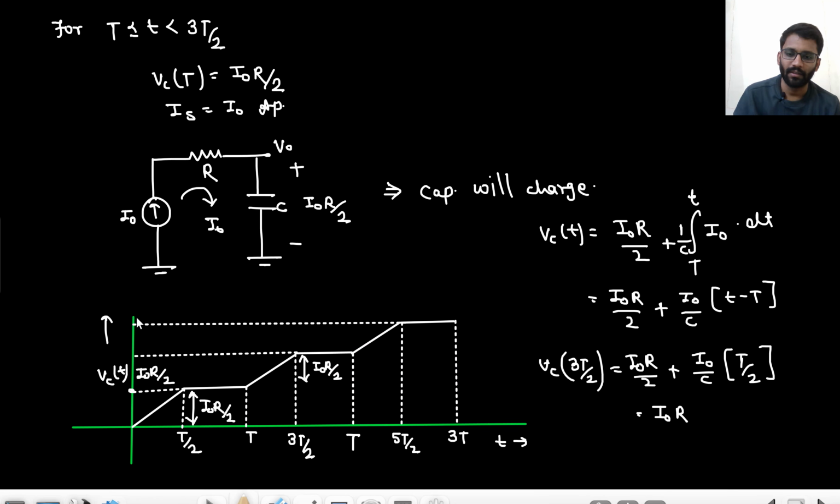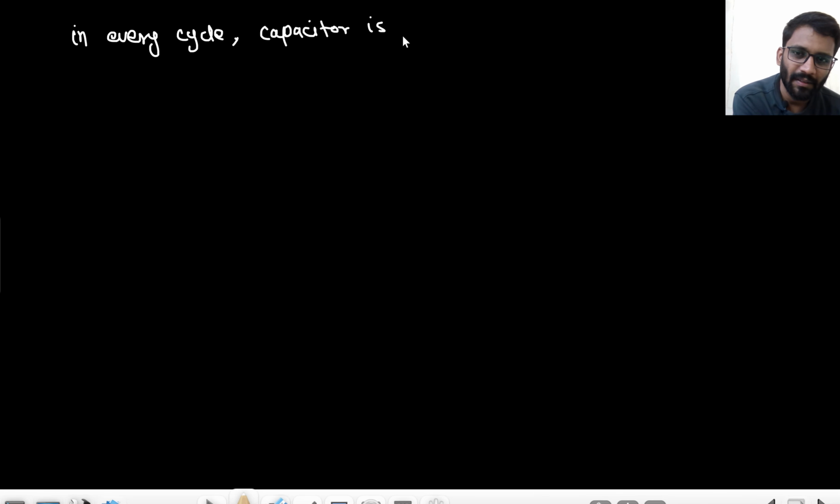So in every cycle, the capacitor is developing I naught R by 2 voltage.